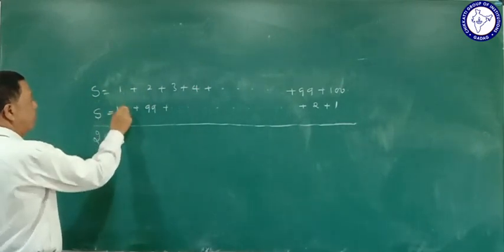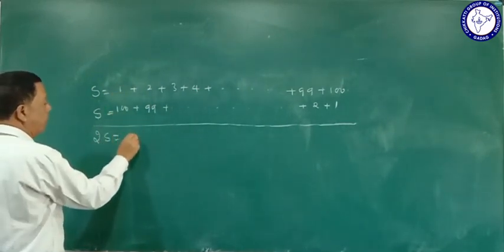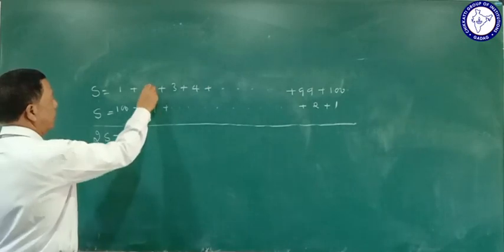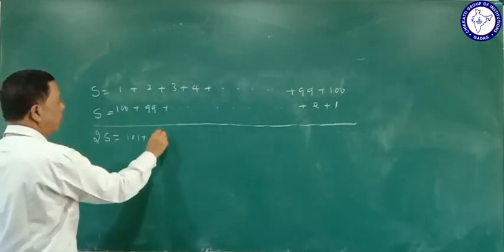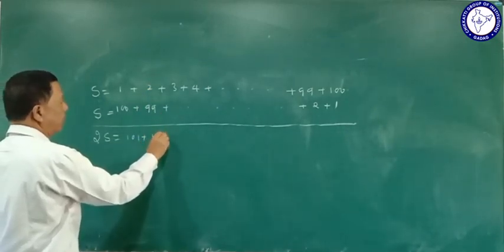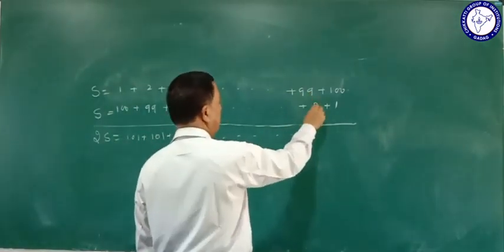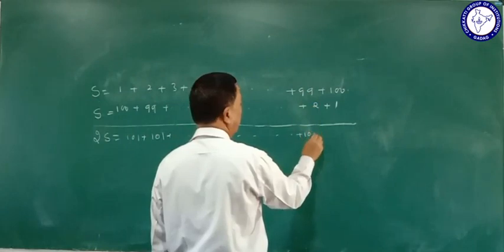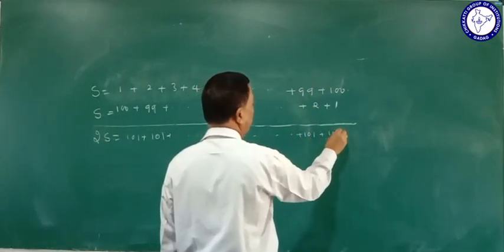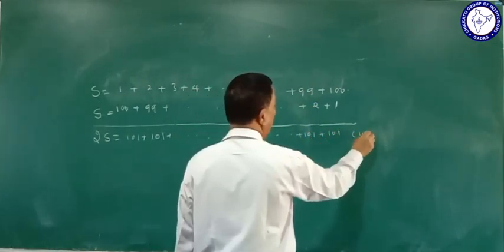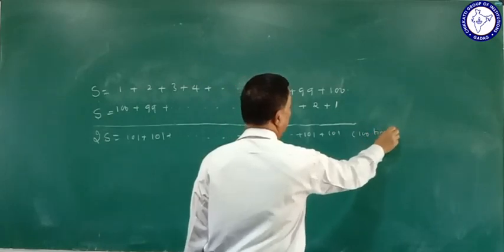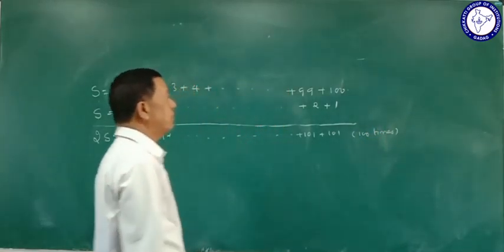What is this? 1 plus 100 is 101. Plus 99 plus 2 is 101. So like this, 99 plus 2 is again 101, and this is also 101. How many times? 100 times, because 100 numbers are there.